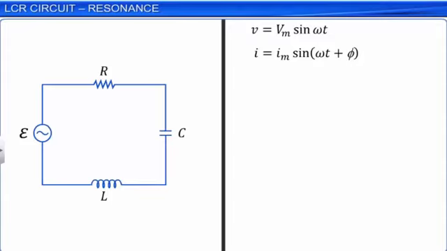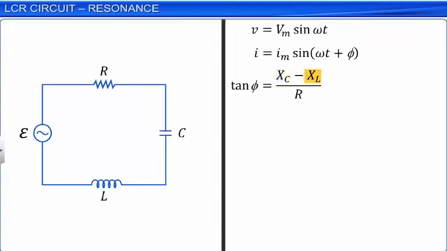The phase difference phi can be calculated by the expression tan phi equal to Xc minus XL by R, where Xc is the capacitive reactance, XL is the inductive reactance, and R is the resistance.